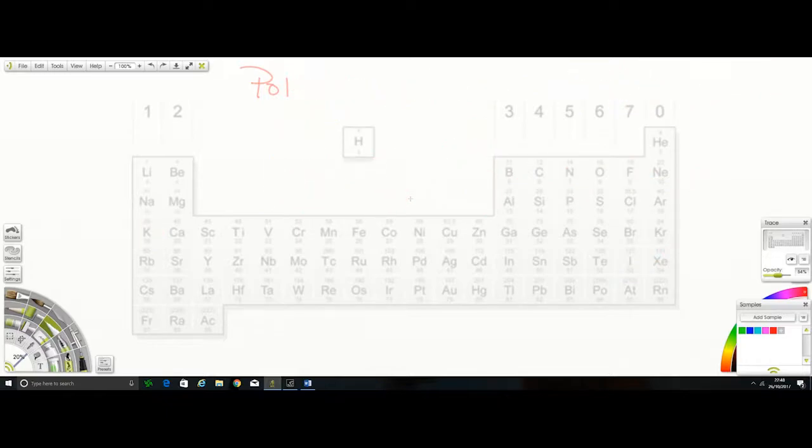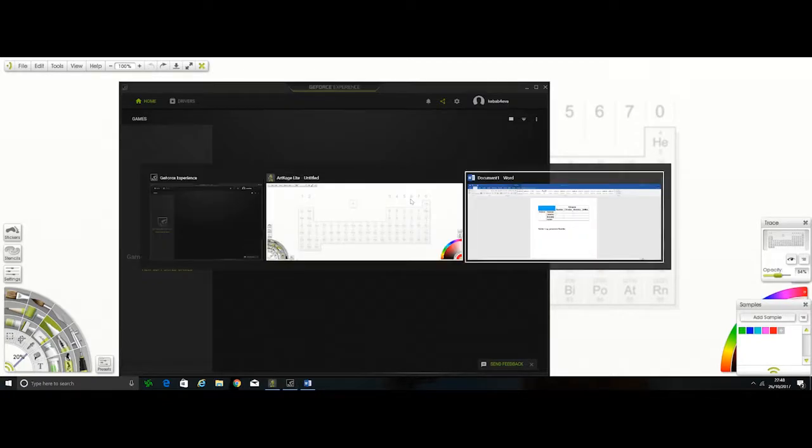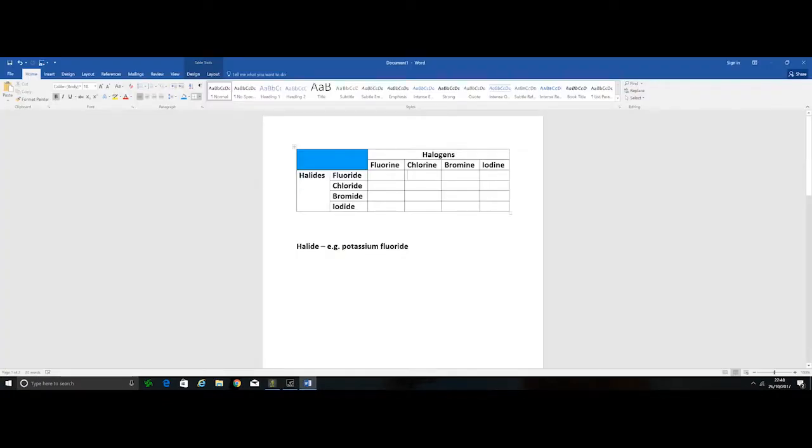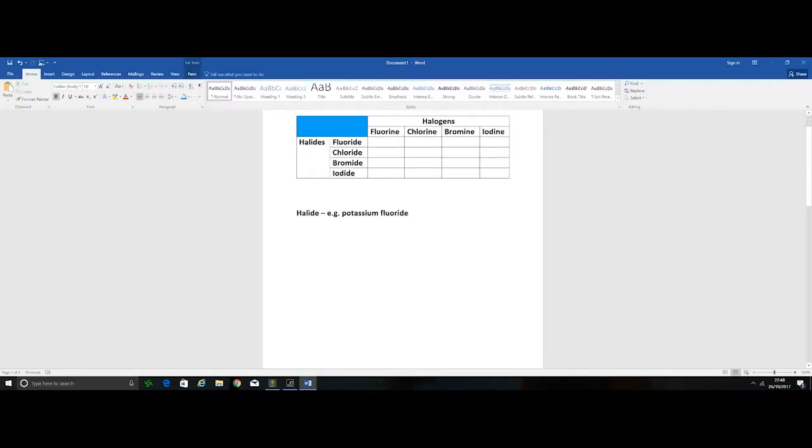So now what I want you to do with your periodic table, because you can't do it without your periodic table, is simply say whether there will be a chemical reaction for these. Number 1, write in the table, which you should have copied down, whether there will be a chemical reaction or not.